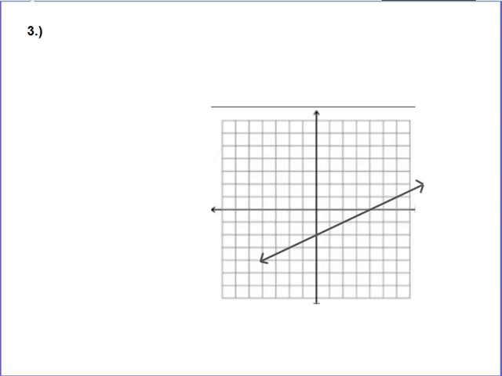Okay, for number 3, I'm going to give you a line, and I want you to give me the equation of the line. That is y equals mx plus b. We need to be able to, 1, get the slope, and 2, get the y-intercept. This one is nice and easy because the y-intercept is a pretty point. It crosses nice.